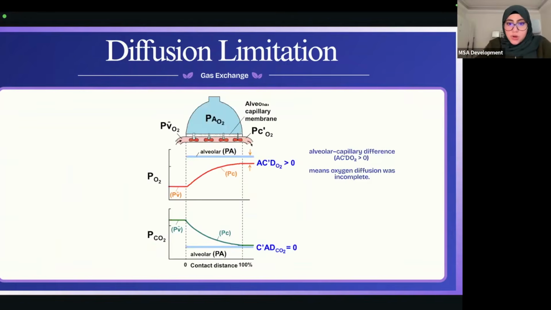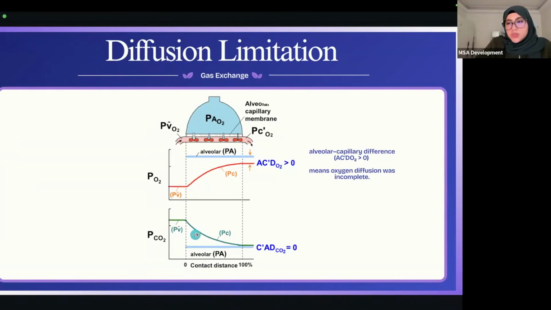And so what we can see here is that if there's an issue with diffusion, the oxygen will not come to equilibrium with the alveolar partial pressure, right? It'll go parallel, but it's never going to reach it. So there's no efficient gas exchange happening.